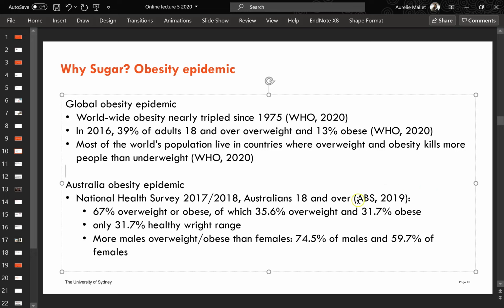So that's something you could have a look at. Here in Australia, according to the 2017-2018 National Health Survey, 67% of Australians were either overweight or obese. Of that 67%, 35.6% were overweight and 31.7% were obese.